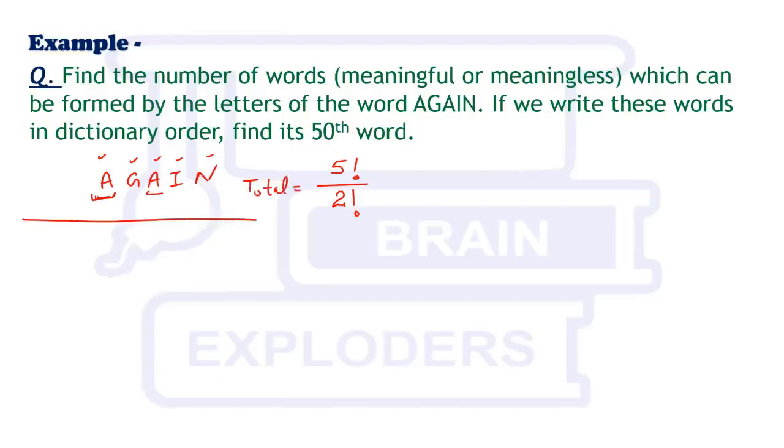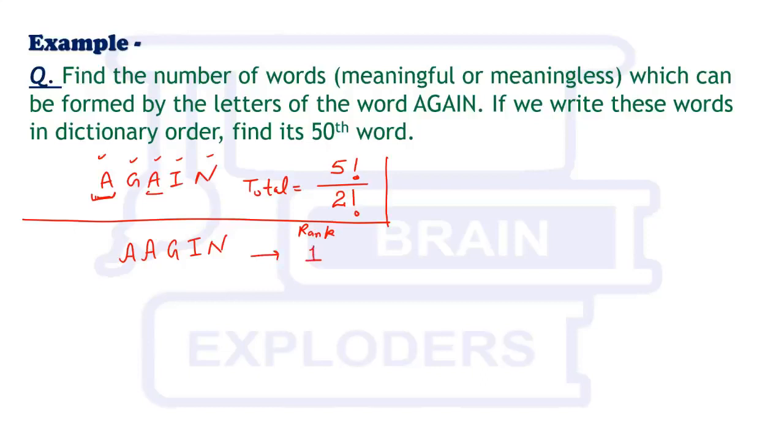Now for the second part we have to find the word which is at the 50th rank. So which word is at the first rank? For this we have to arrange the letters in ascending order: A, A, G, I, N. Its rank will be 1 in the dictionary order.